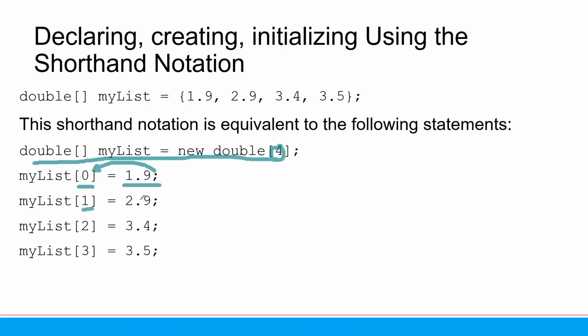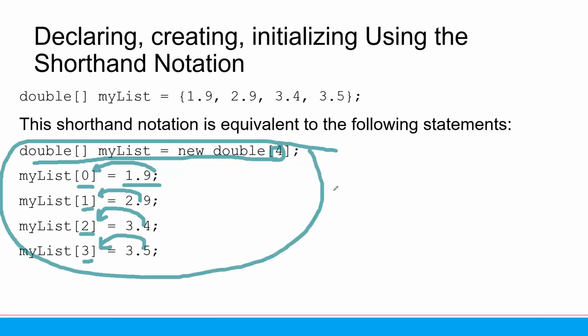If it is index 1, I put 2.9. If it is index 2, I put 3.4. If it is index 3, I put 3.5. So this is equivalent to this one. Equivalent means the same.